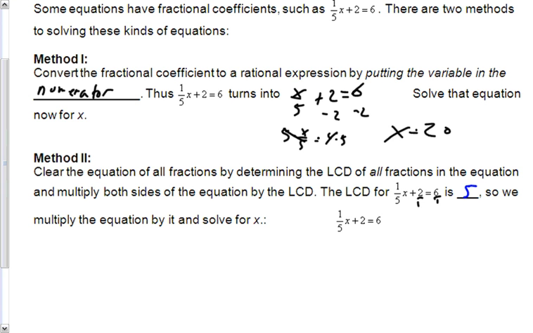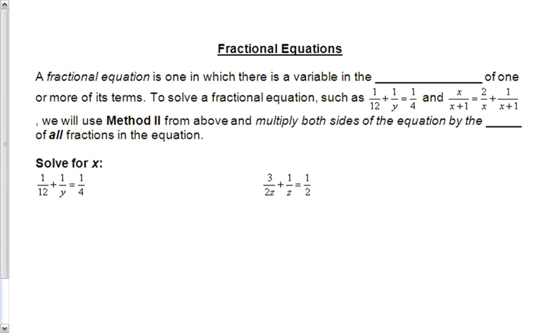Well, if you multiply all of these terms by 5, so a 5 here, a 5 here, and a 5 here, these 5s should cancel, and you have x plus 2 times 5, which is 10, equals 6 times 5, which is 30. You subtract 10, and you get x equals 20. Okay. So you can see that's a little easier as long as you can find the LCD. It's going to be more prevalent when we have fractional equations where there's variables in the denominator.